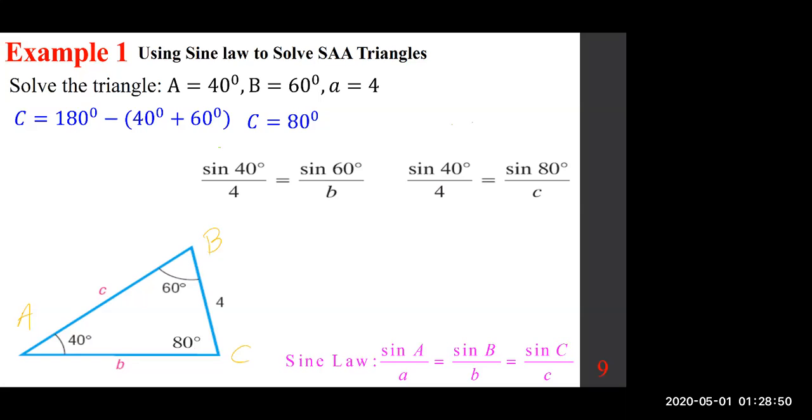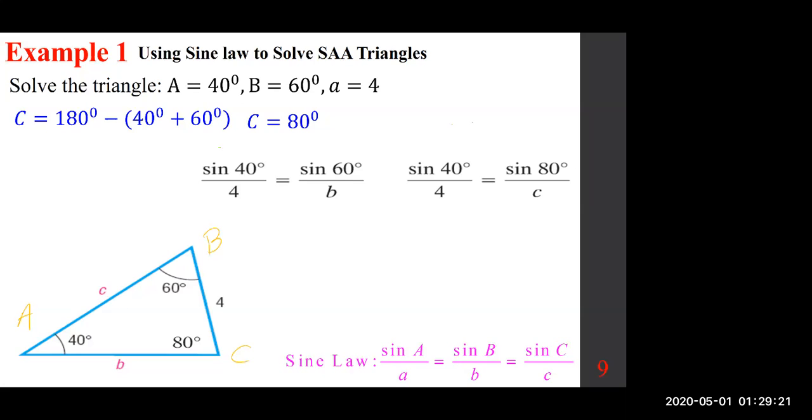Sine 60, the opposite side, I have no idea, it's missing, it's B. We can again use sine 40 over 4 and then sine 80 over C. So I hope you see that we use the portion that is known. There are 3 of those ratios, so whatever is known, we use them.